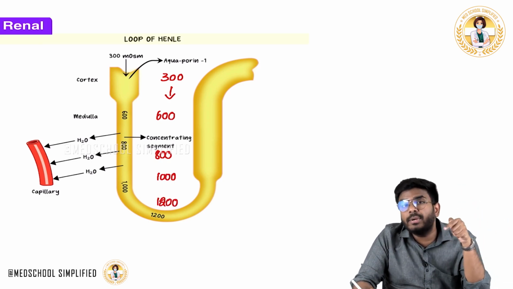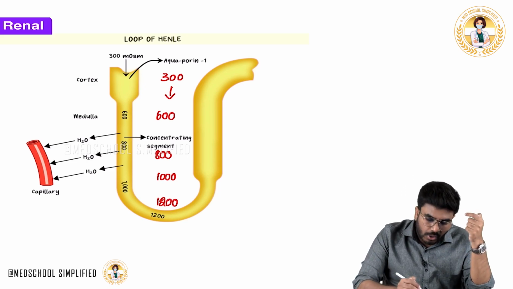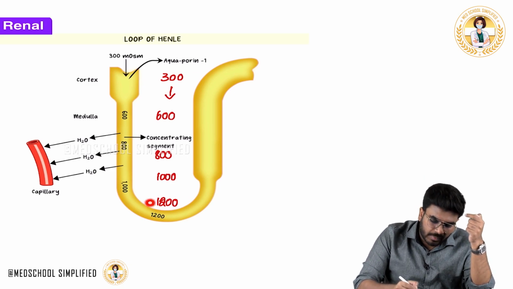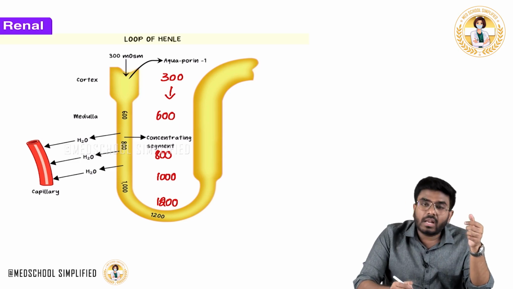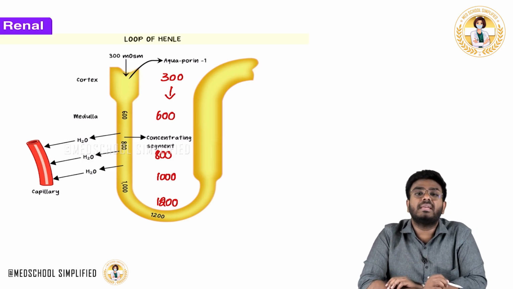So when you go deep into the medulla, the osmolarity and the concentration increase. This is called the corticopapillary gradient. In the cortex it is 300, and at the tip of the papillae, deep inside the medulla, it will be 1200.